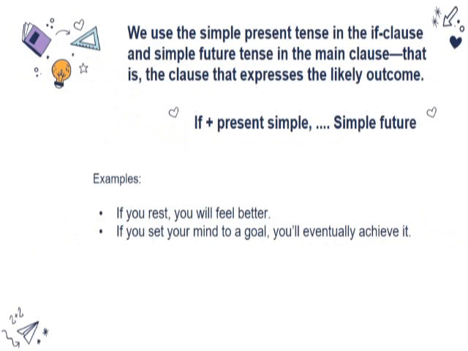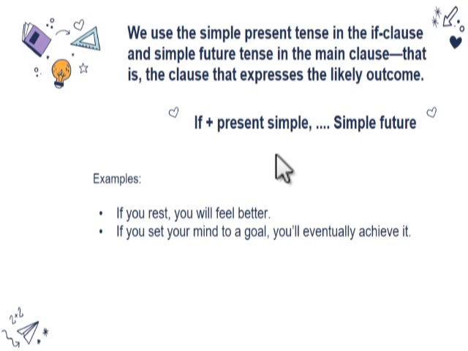Okay. In the first conditional sentence, we use simple present in the if clause, and simple future tense in the main clause. That is the clause that expresses the likely outcome. So if you want to express the likely outcome, you use future.